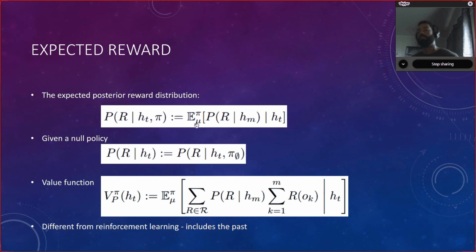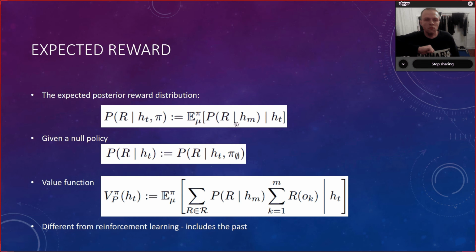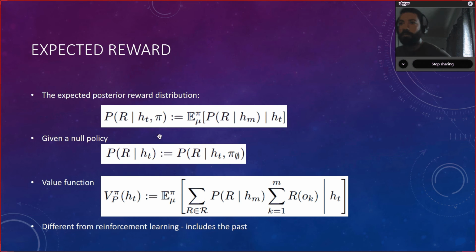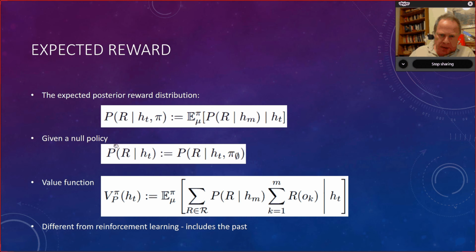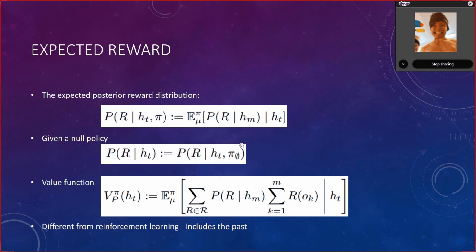Well, that's the estimated value we'll get if we follow this policy throughout the game in this particular environment. And very often, in some of the following, we will omit any description of the policy, and just imagine we have a null policy, a policy that doesn't actually do anything, and we'll write that as P of R given a particular history, if we just want to have the base observations.